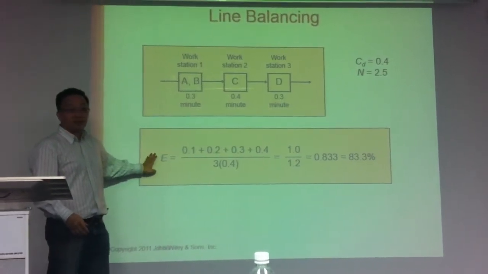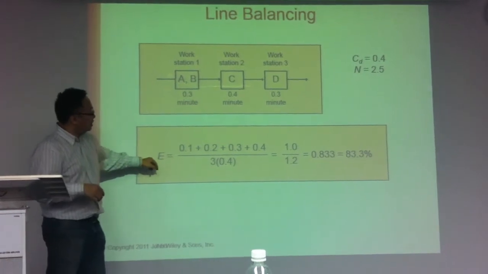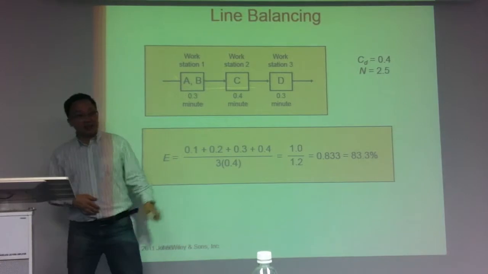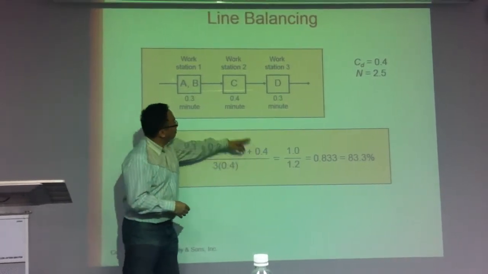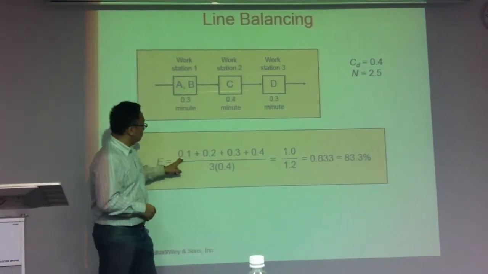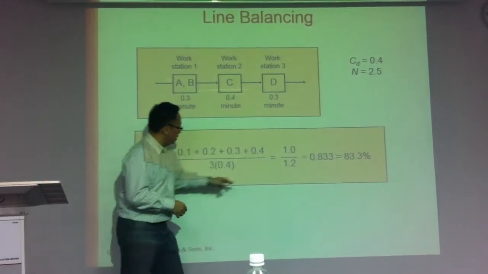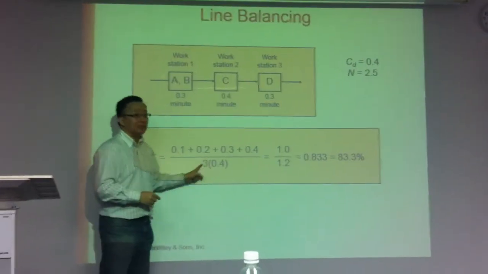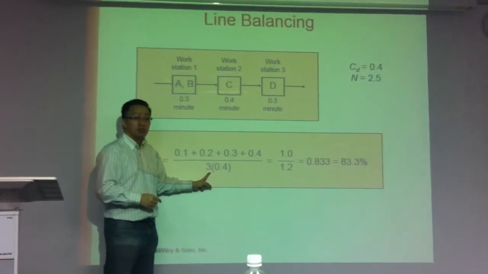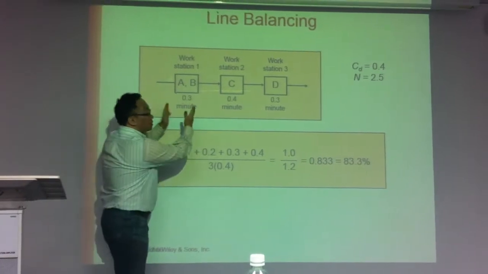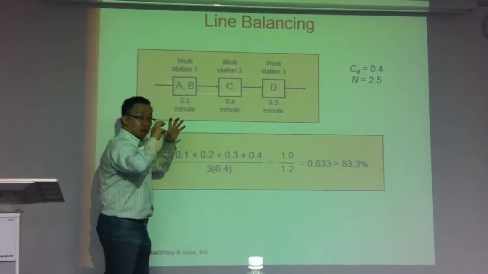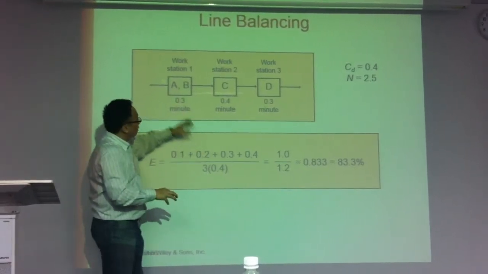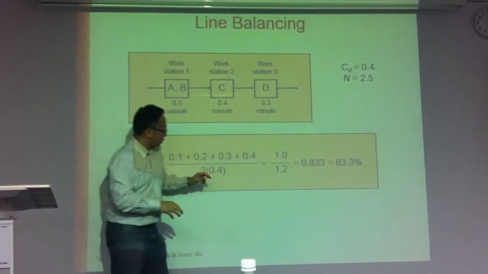Efficiency, last one. Efficiency, add up the time. This one is important, a lot of students make mistakes. Add up the total time. You add these 3 also, divided by this one, be careful. This is the actual workstation. How do you get this? You see from the actual, based on how I put the jobs just now, remember? 1, 2, 3.